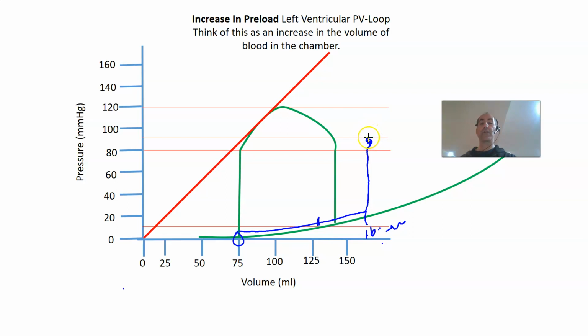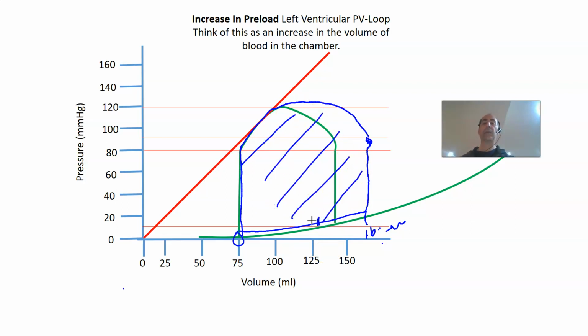So then we're going to have an ejection, and we're going to come right back to here and right back down. So as you can see, an increase in preload gives us an overall larger PV loop. Nothing else has changed, right?